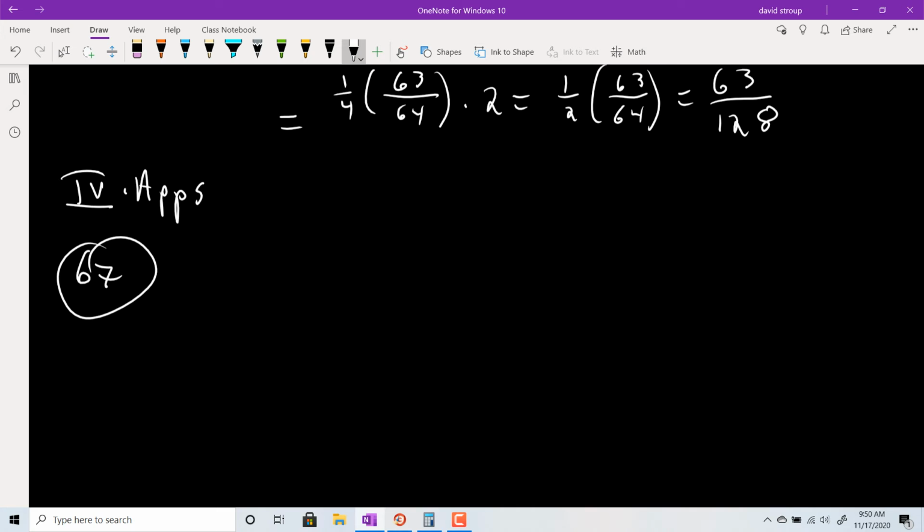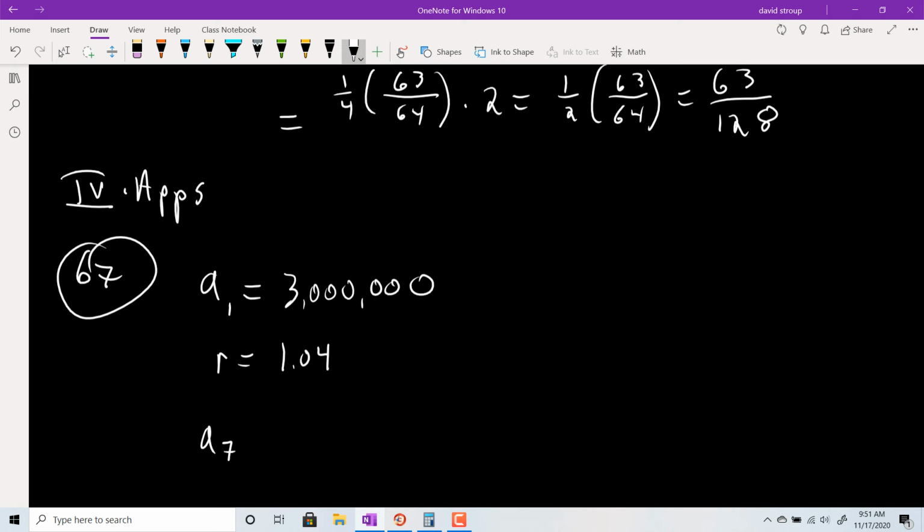What is the athlete's salary for year 7 of the contract? So this is a geometric type sequence. The first term is $3 million. The common ratio is then 1.04. And they want to know a sub 7.